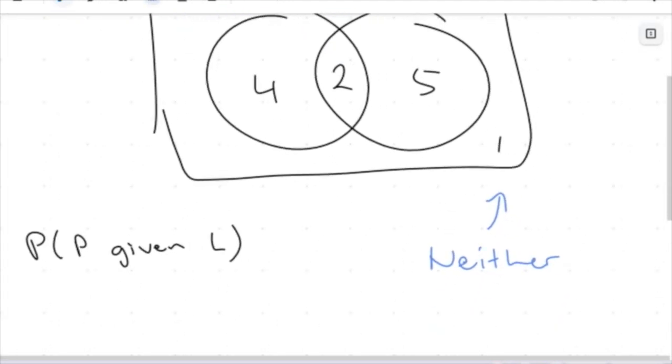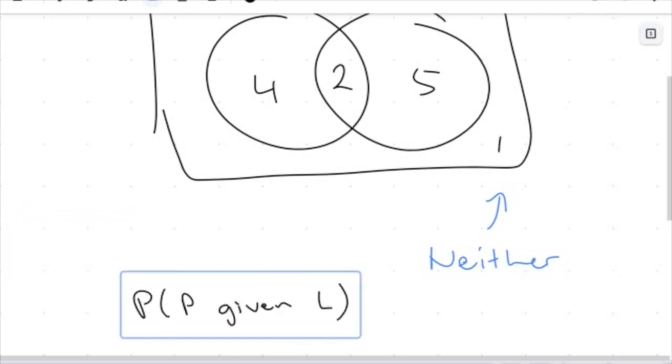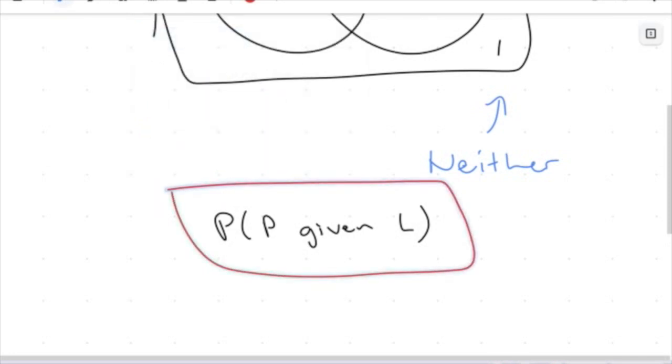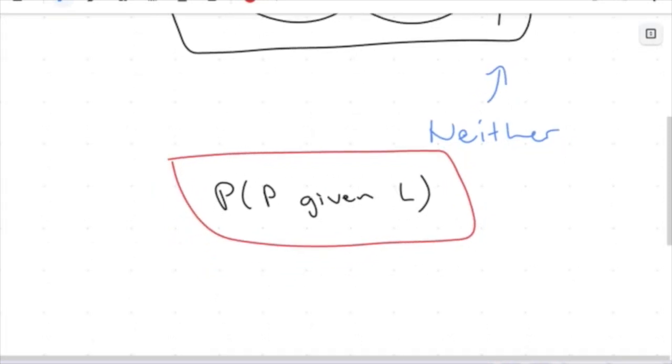This particular notation here is very tricky when we try to apply this stuff. This is what we call an example of conditional probability. And the condition bit here that we're talking about is this given. There is a condition to my probability.